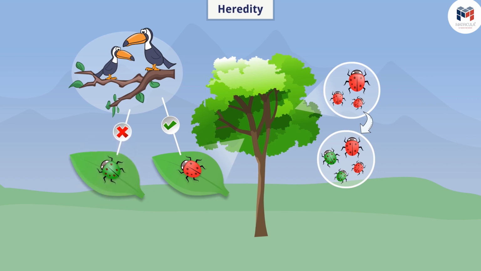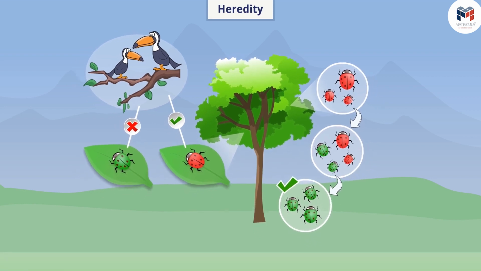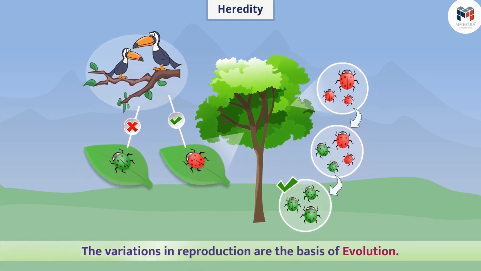In this way, there will be a possibility of survival of the insect species. In this way, variations help in survival of the species. Therefore, we can say that the variations in reproduction are the basis of evolution.